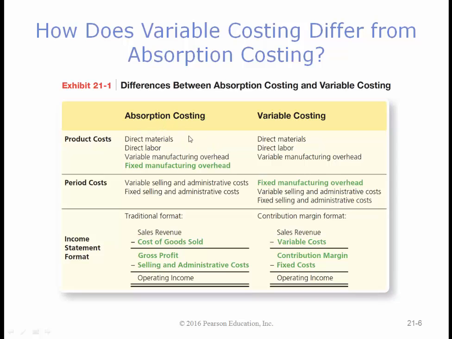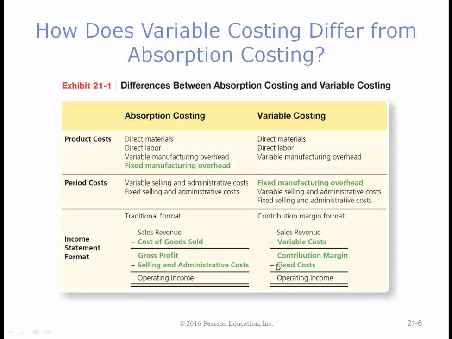What that really boils down to is that with these product costs, you're going to put some fixed manufacturing overhead as part of your inventory in the absorption costing model. And in the variable costing model, you will not. In traditional format, here's what you're going to see for external reporting. Internal reporting is going to be in a contribution format, which is something you're very familiar with after we've been through the CVP stuff in the last couple of chapters.